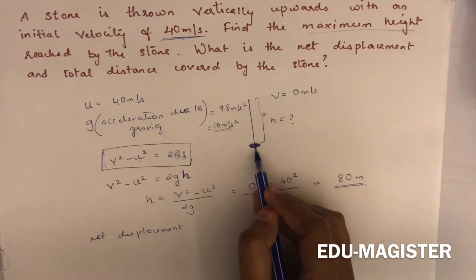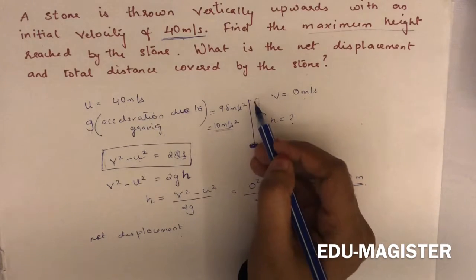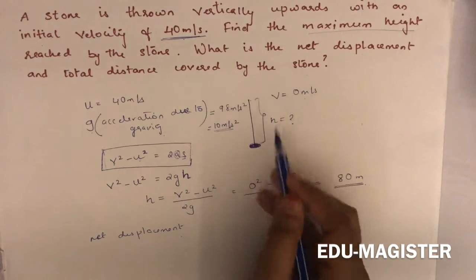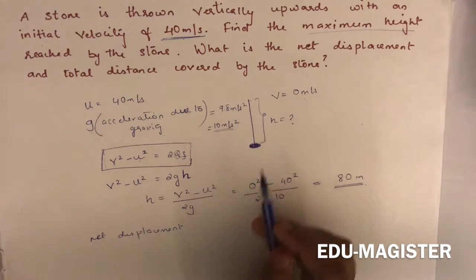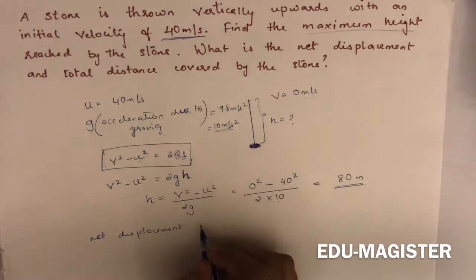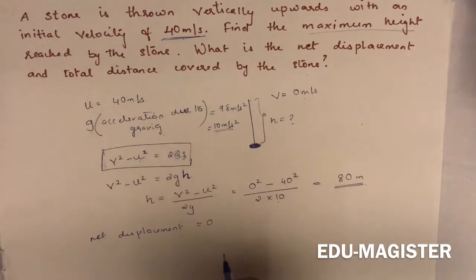That means the final and initial position of the stone will be the same. Thus, we can take net displacement to be 0.